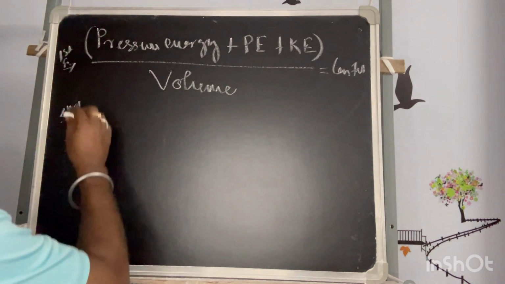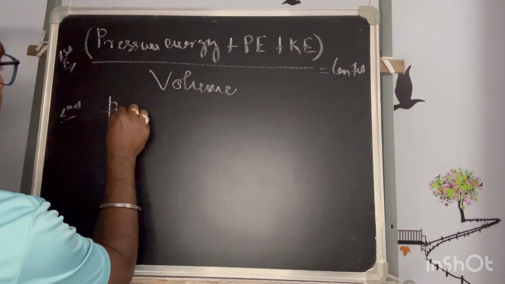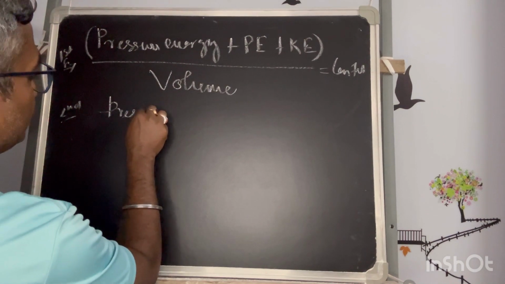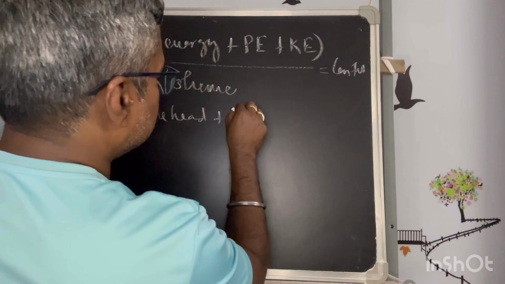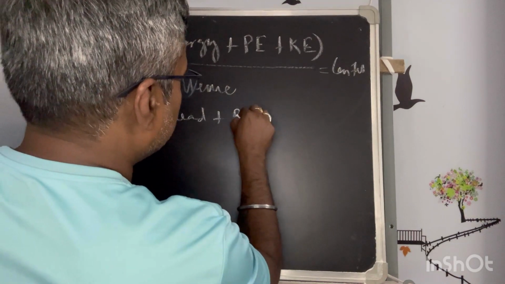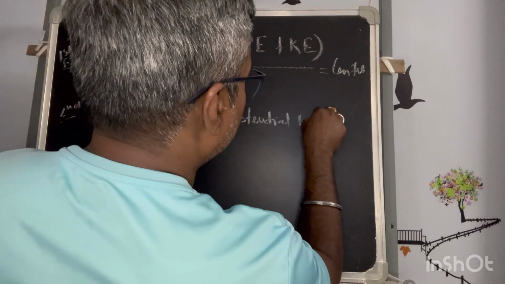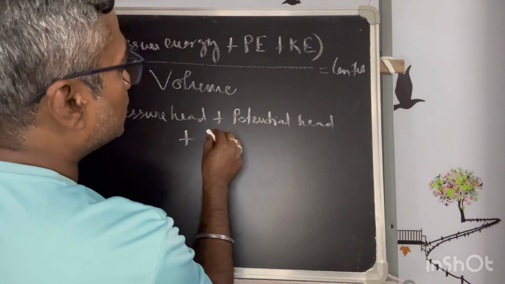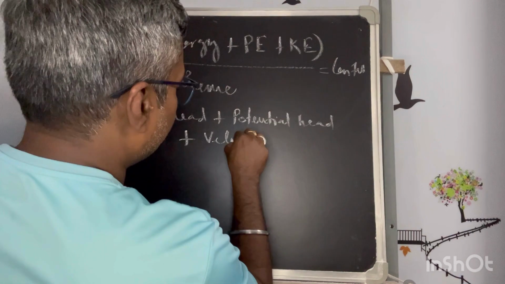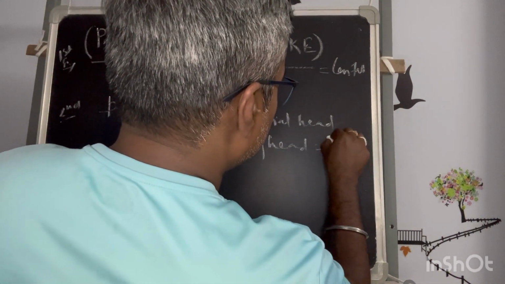Specific gravity of any fluid we have divided, and there we find that it is converted into pressure head plus potential head plus velocity head. So that also is constant.